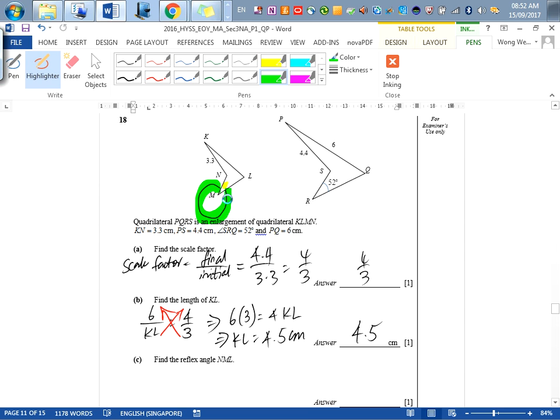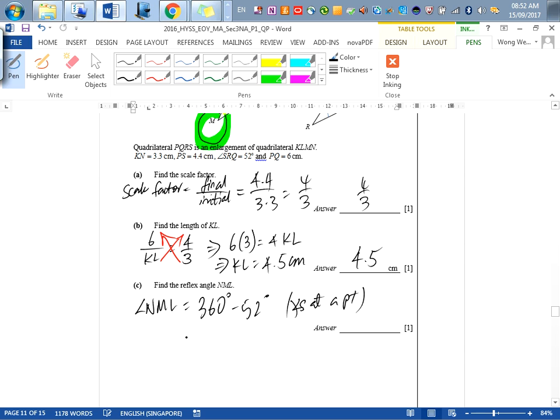So what is the green color angle? 360 minus 52. So angle NML equals 360 minus 52 degrees. What is the reason? Angles at a point have a sum of 360 degrees. So this is equal to 308 degrees.